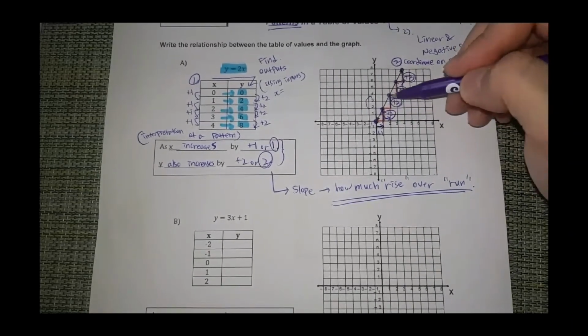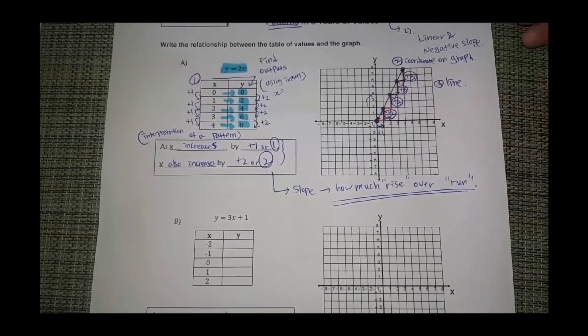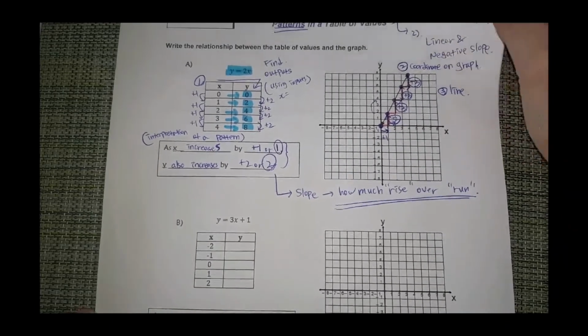You may know about slope before, you may not. It is okay. I just wanted to inform you that slope is how much rise over how much run. So in this case, how much rise? 2 over 1. That's something that we're going to learn tomorrow or the day after, depends. This is the first step, so we are doing it one by one.